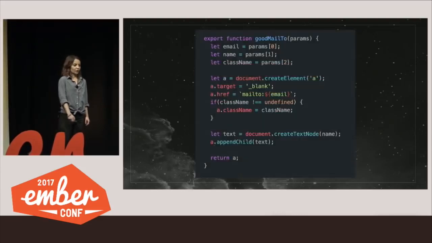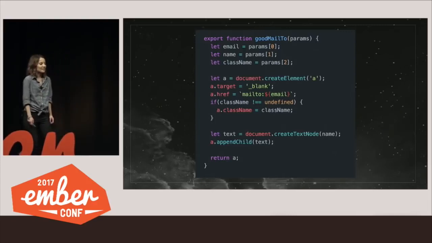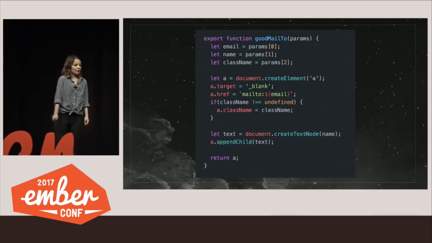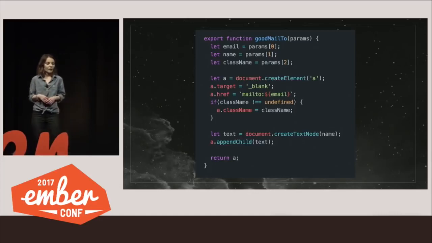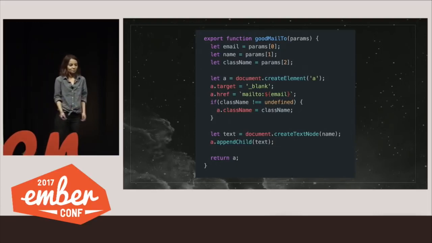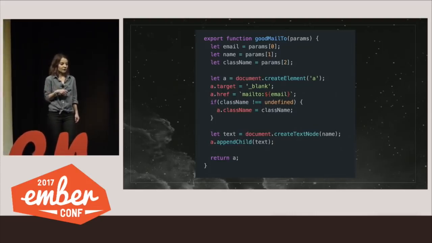So let's look at what all this means in code. You have this good mail-to helper, and it takes parameters: an email, a name, and a class if you want to style that email. Then I'm creating an anchor tag element. I'm setting the target to blank, setting the reference to the user email, and setting a class name if that was provided as a parameter. And then all the magic is in creating the text.